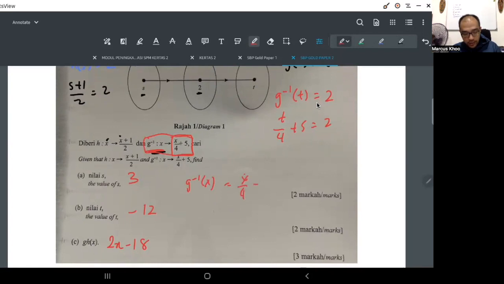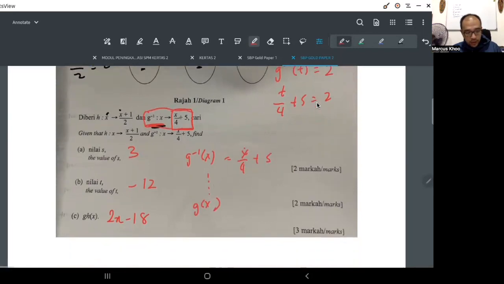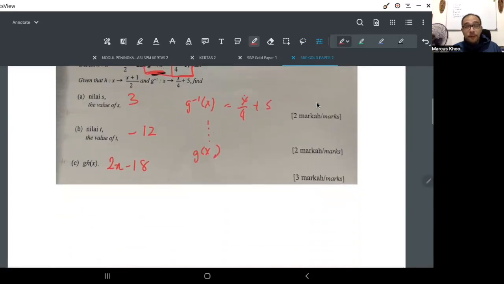You have to convert this into G(x), and after that you composite the two functions to do GH(x). So you put in the H(x), then you put in the G, and then you should be able to get 2x minus 18. There are other ways to do this, but one of the easiest ways is you inverse this. Inverse the inverse function, you get the original function.